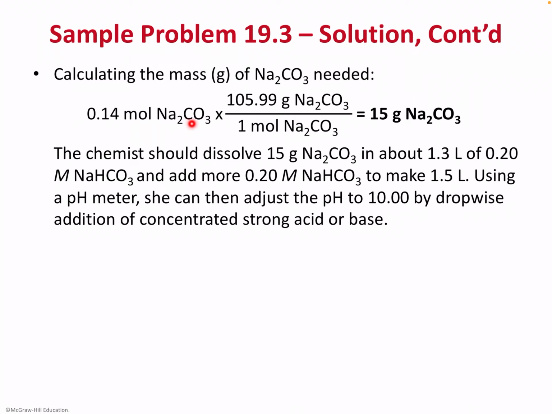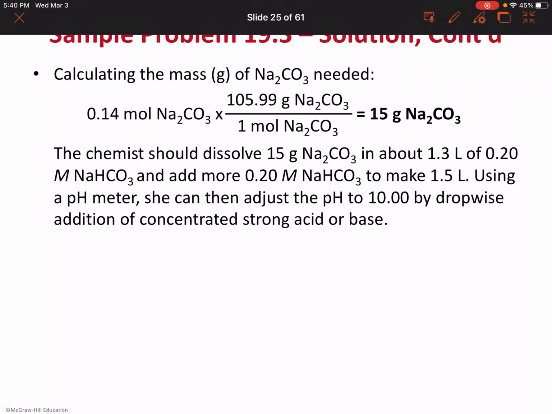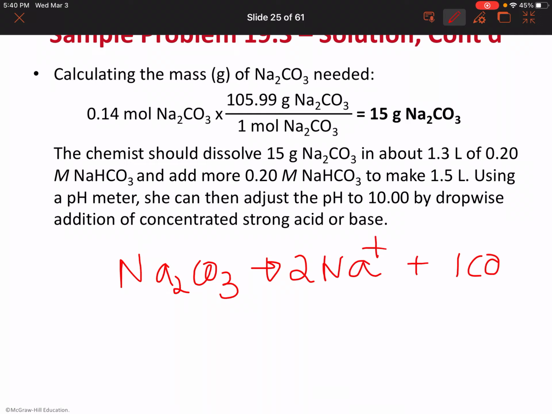Sodium carbonate will dissociate to give you 2 sodium ions and 1 carbonate. And if carbonate is 0.14, by molar ratio sodium carbonate is also going to be 0.14. So 0.14 moles of sodium carbonate, and the molar mass of sodium carbonate is 105.99. That will give you 15 grams of sodium carbonate.